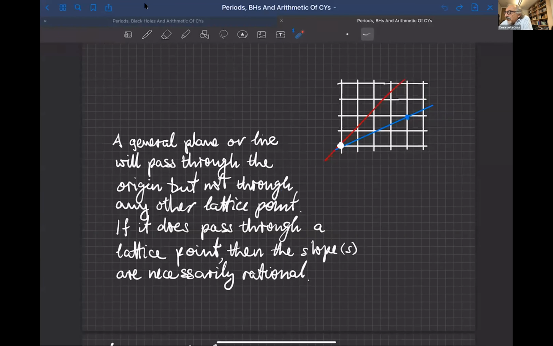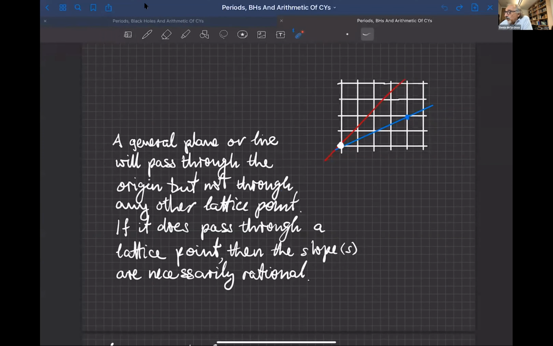And you have omega, the holomorphic 3-form, which, if you like, determines a line or a plane or a lower dimensional line. And if you draw a random line, it has to pass through the origin. But if you draw a line through the origin in the space containing the lattice, then in general, it will never meet a lattice site.